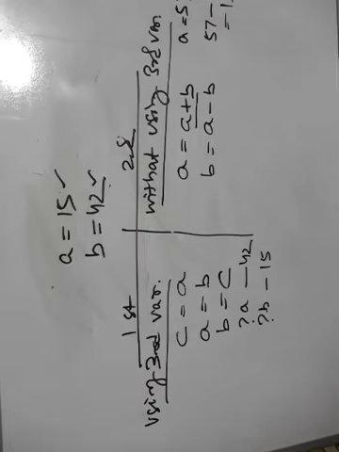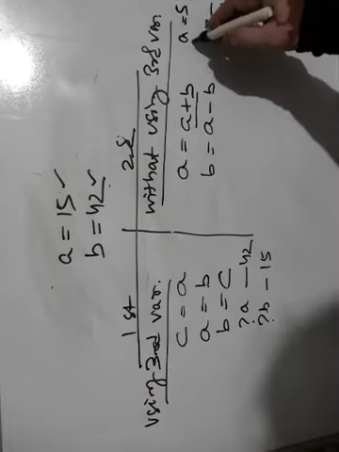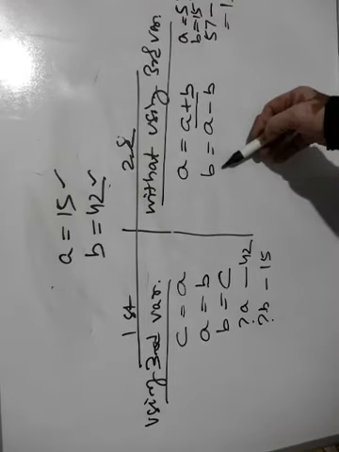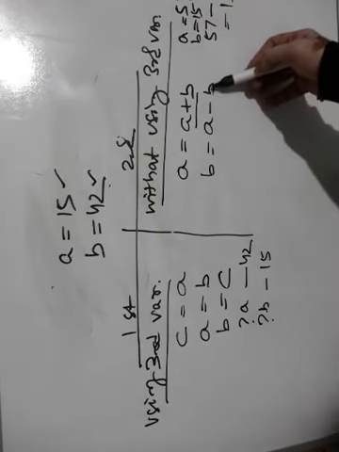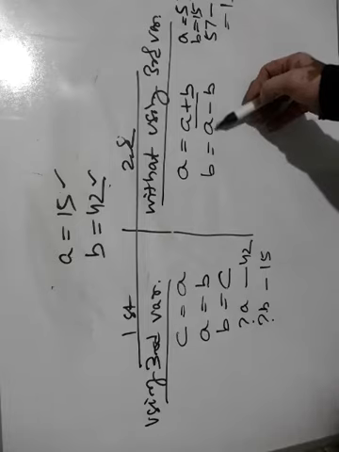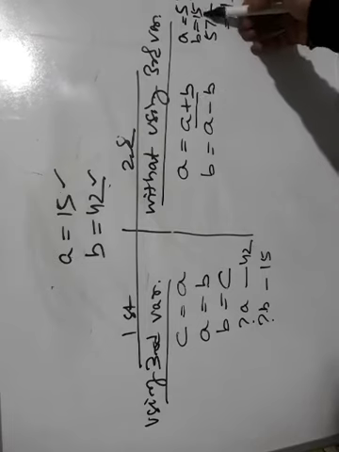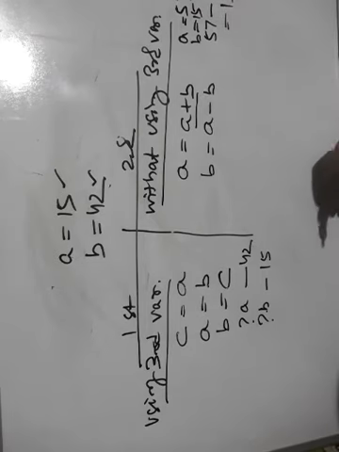We got 15. Who becomes 15, students? B becomes 15, because we wrote B equal to A minus B. A minus B means 57 minus the value of B, which is 42. 57 minus 42, whatever it becomes, that is 15. 15 gets stored in the variable B.